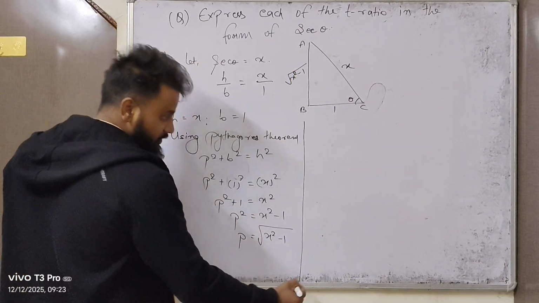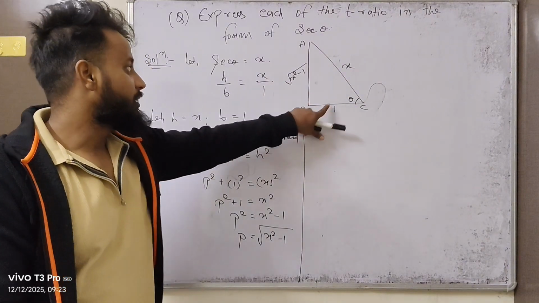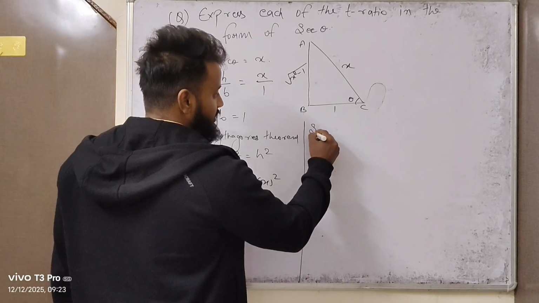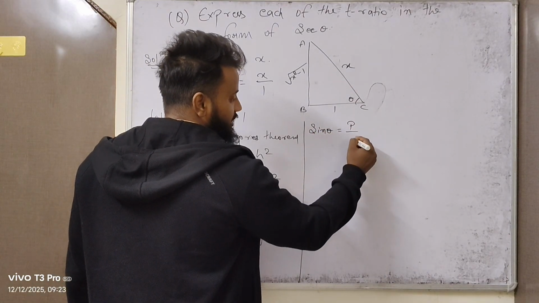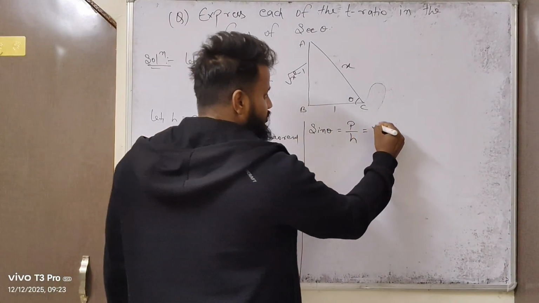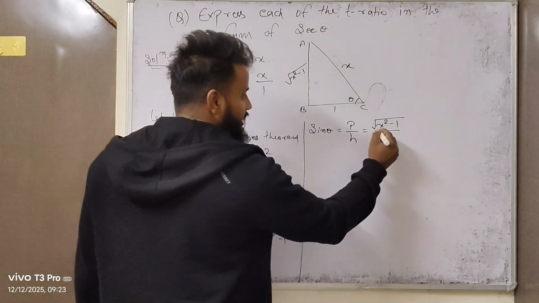So let us come to all the t ratio. We had got the value of p, b and h, that is perpendicular, base and hypotenuse. Now let us come to sine theta. The formula of sine theta according to t ratio is p by h. Perpendicular is root under x square minus 1, divided by hypotenuse, that is x.